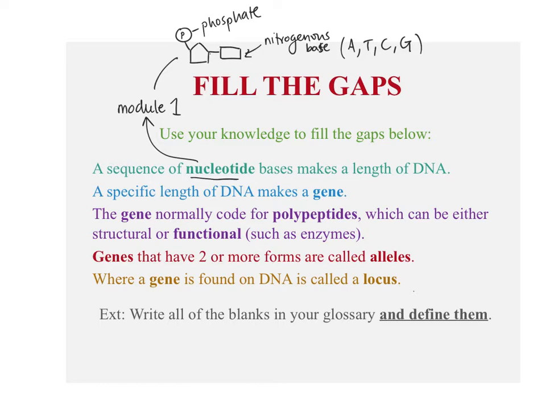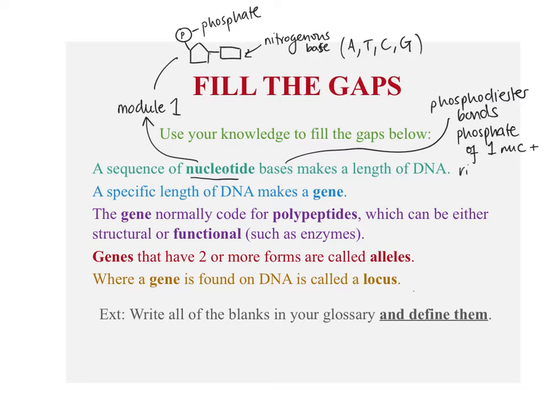Now, if these nucleotides are bound together, we've got our phosphodiester bonds between the phosphate of one nucleotide, I'm just going to write nuke, and the ribose, or the sugar, or the deoxyribose, should I say, of the second nucleotide.